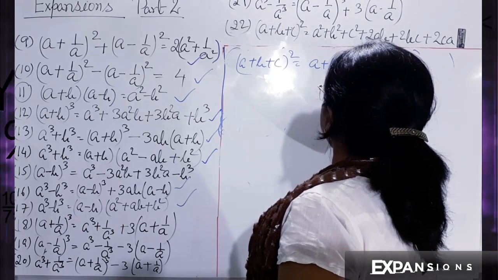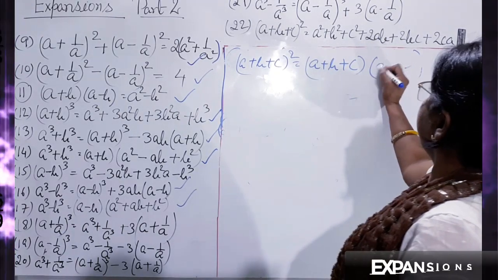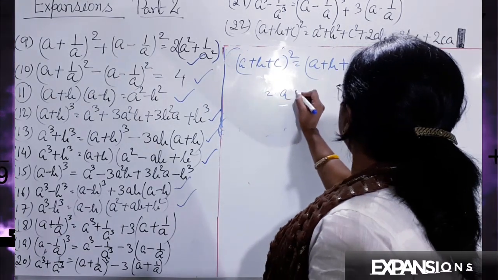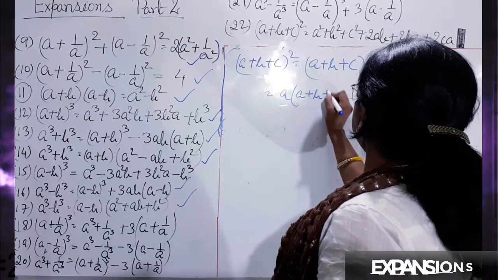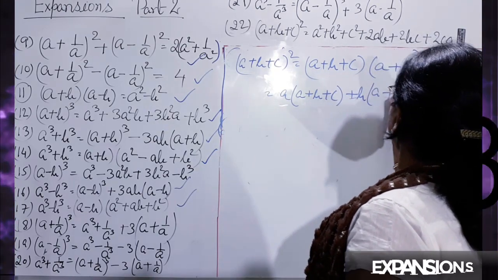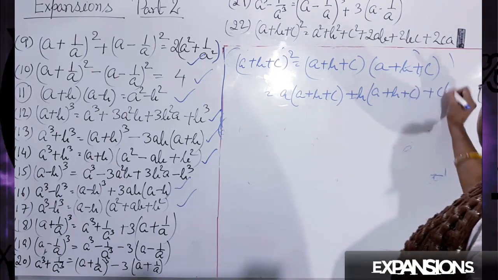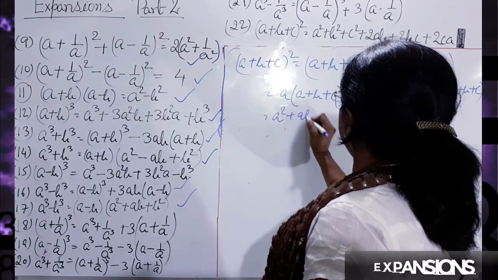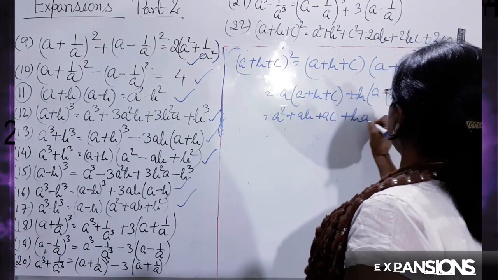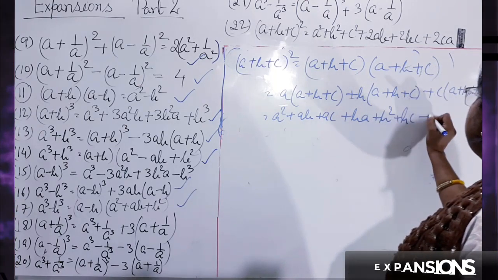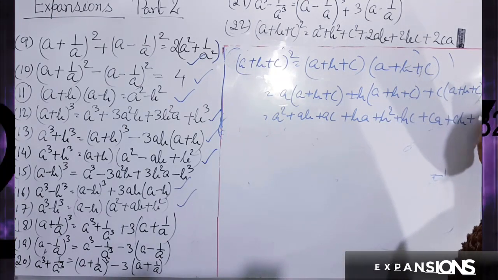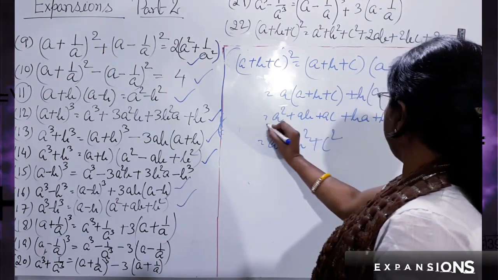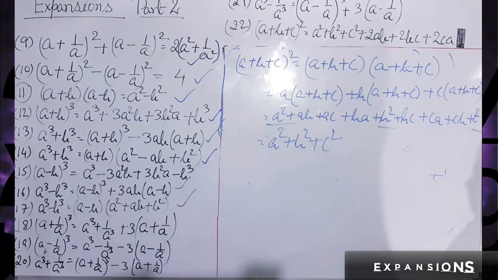If we multiply it 2 times, can get this form, a plus b plus c, 2 times multiplication, then a plus b plus c into a plus b plus c into a plus b plus c is equal a square plus ab plus ac plus ba plus b square plus bc plus ca plus cb plus c square is equal, collect all a square, b square, c square together.